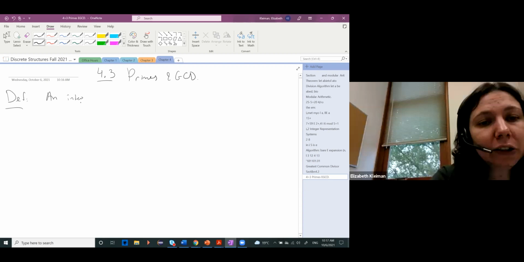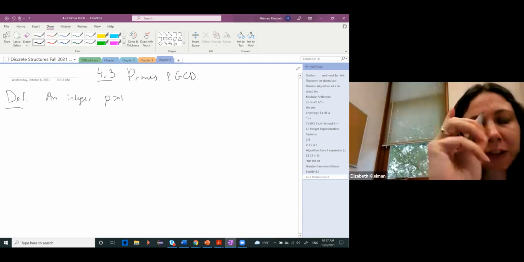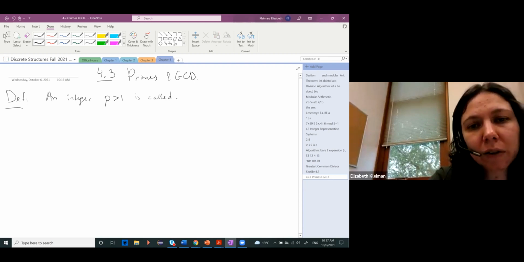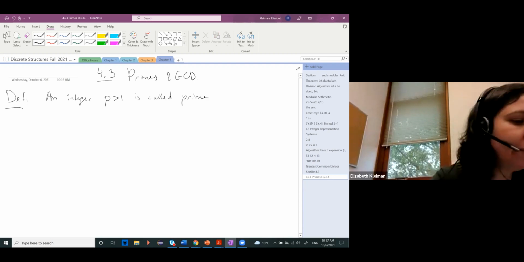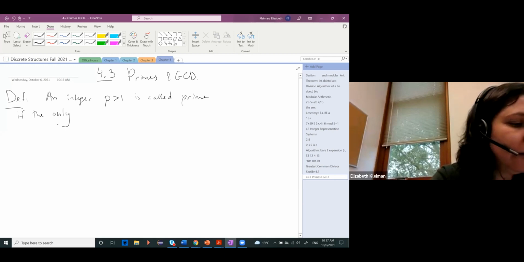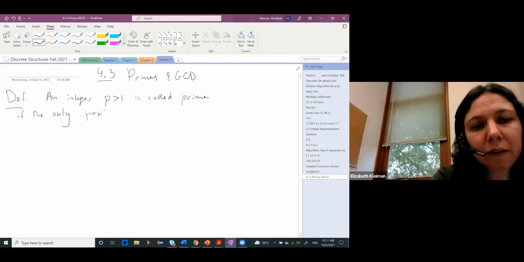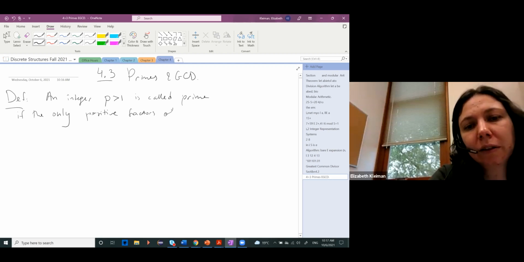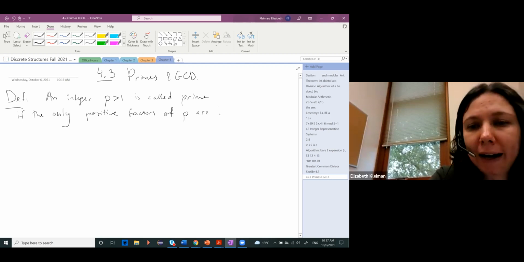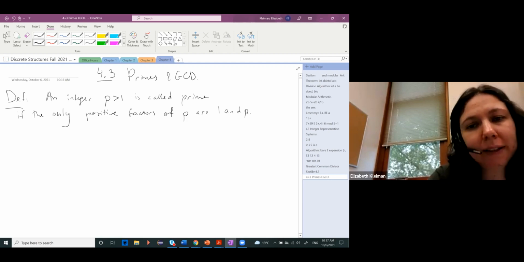An integer p strictly bigger than 1 is called prime if the only positive factors of p are 1 and p itself.